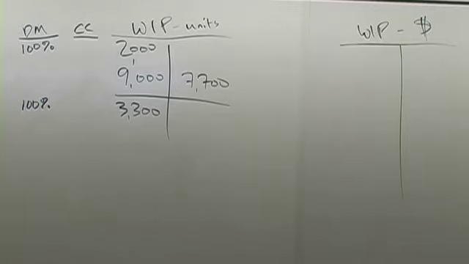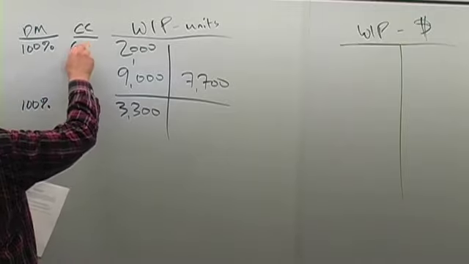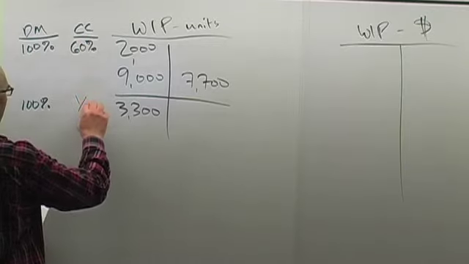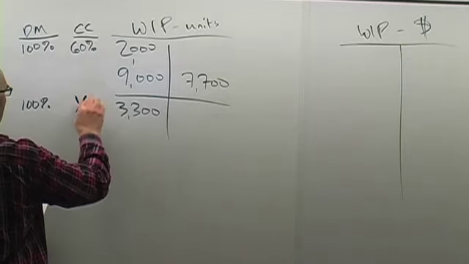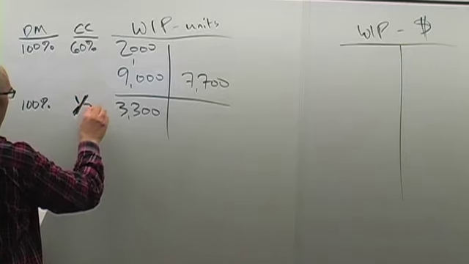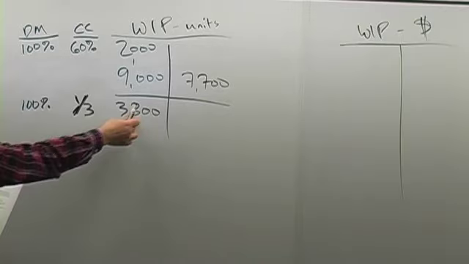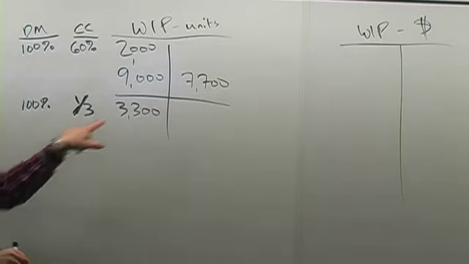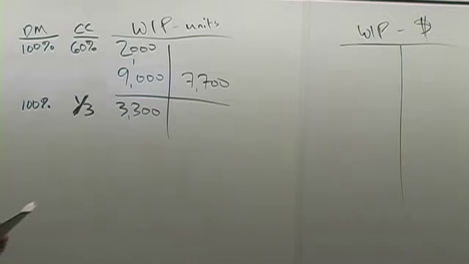Conversion was 60% complete on beginning work in process, so we'll put 60% there. But only 1/3 complete on the ending inventory, so we'll put 1/3 there. We like 1/3 because it makes this math come out even. Rather than converting it to a decimal, if you leave it as a fraction, it all comes out even and beautiful.